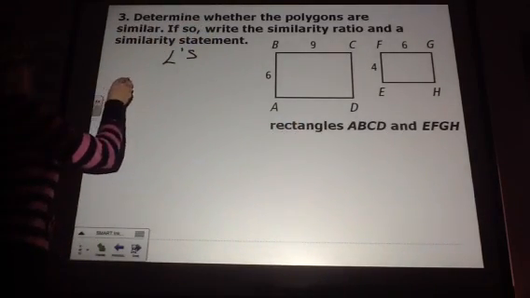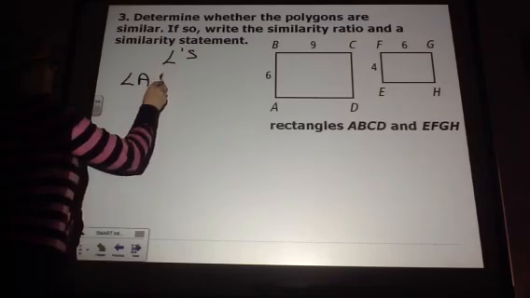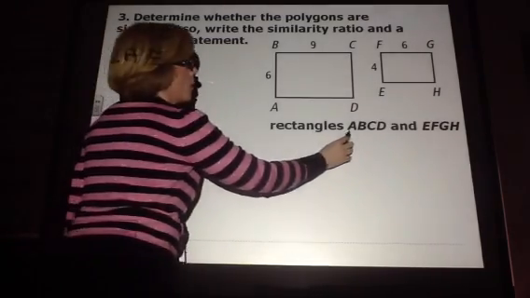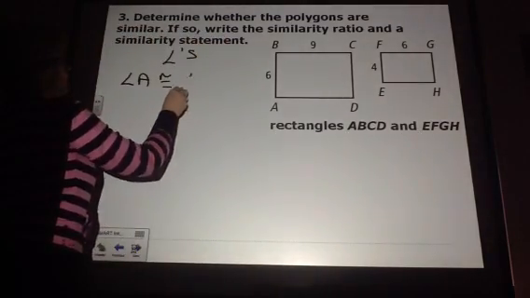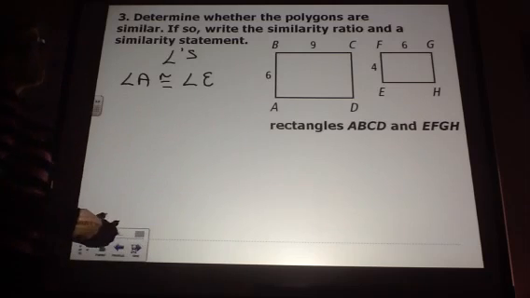So with that given, I know that angle A is congruent to angle E, because all angles of a rectangle are 90 degrees.